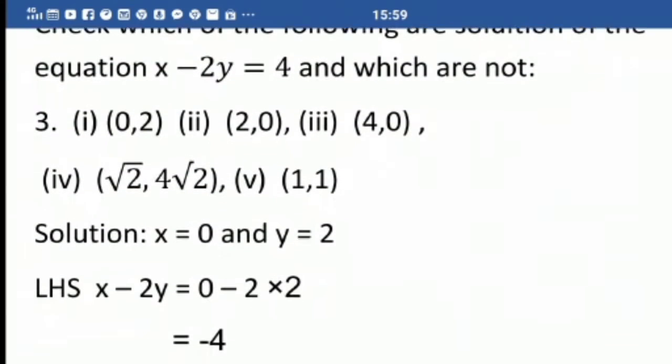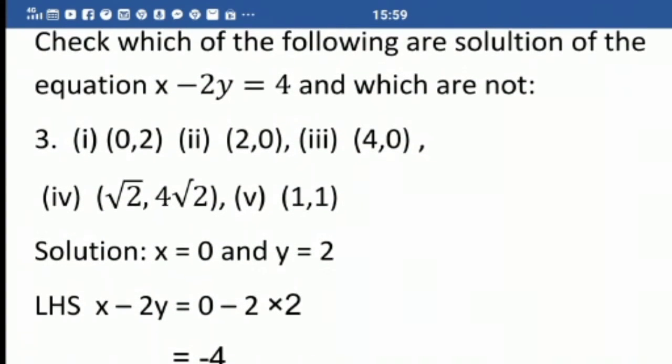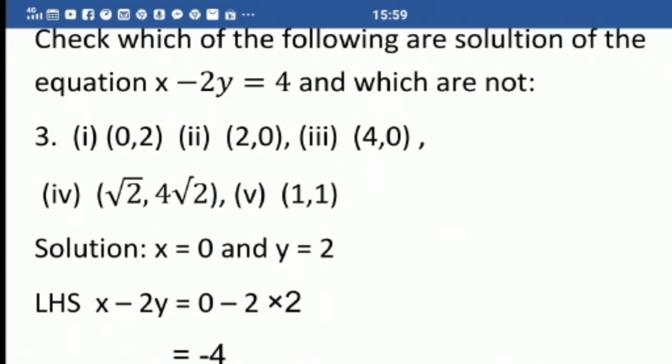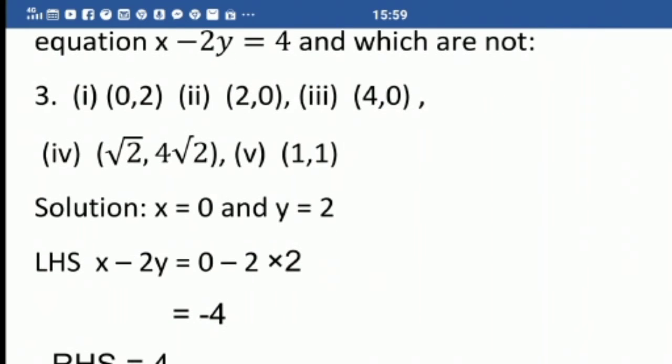Let us go to the solution. First one is x is equal to 0 and y is equal to 2. Look at the LHS. LHS is x minus 2y.